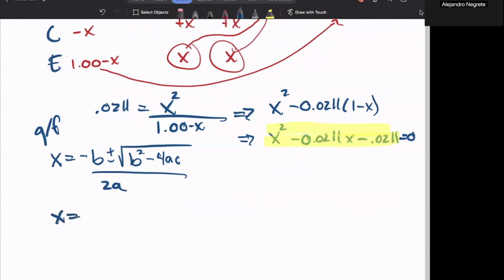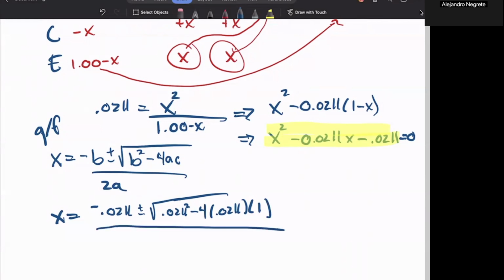So x is equal to negative 0.0211 plus or minus the square root of 0.0211 squared minus 4 times a times c, which is 0.0211, where a is 1, all over 2 times 1.